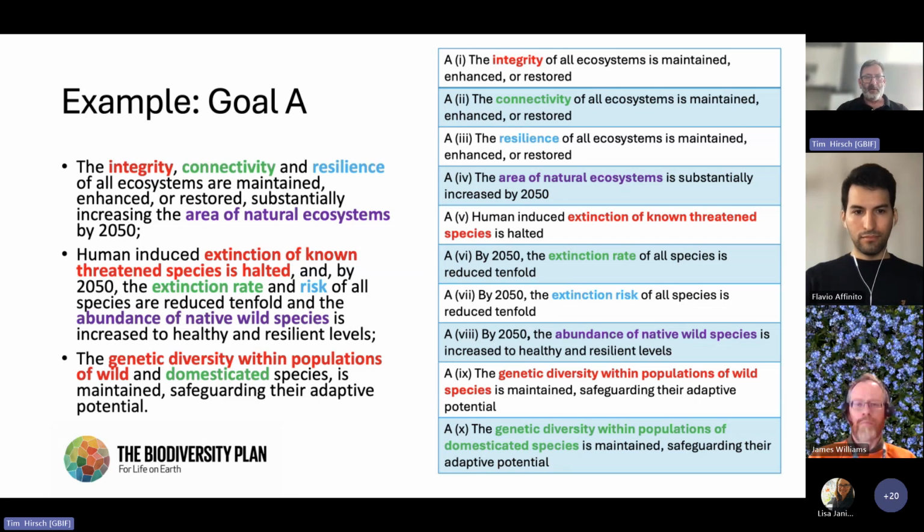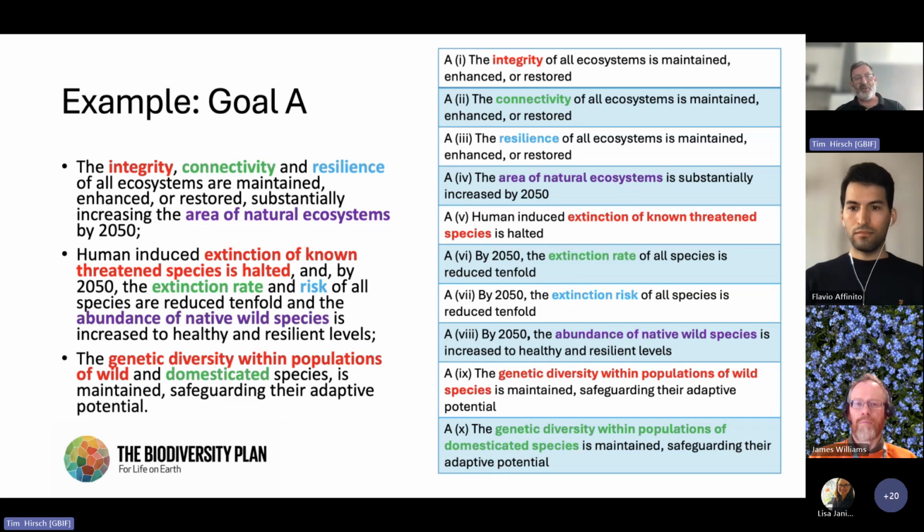So if we take that, it's one phrase, but it's actually 3 different things. So if we're really going to measure the achievement fully in that particular case, we need to measure the integrity, we need to measure the connectivity, and we need to measure the resilience. 3 different things to measure. That's why on the right, you can see those are 3 separate elements.